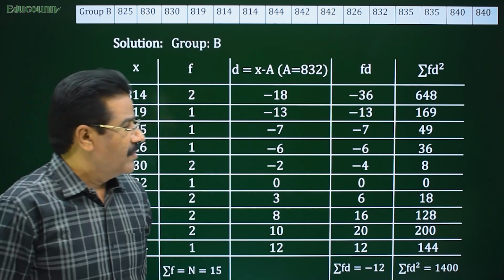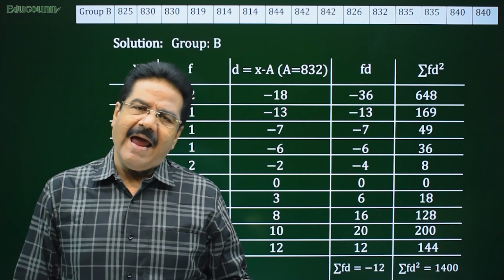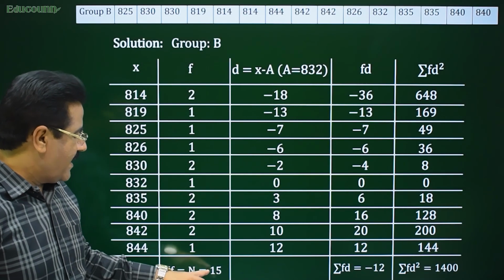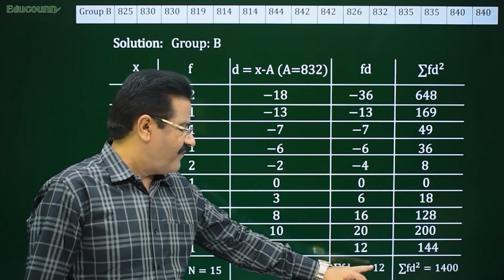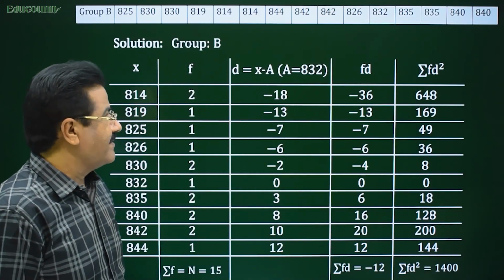And after that, we are going to use the formula of X bar, arithmetic mean, and standard deviation sigma. So we have to use N equal to 15, summation of FD as minus 12, and summation of FD square as 1400.